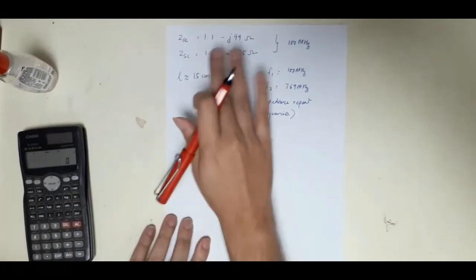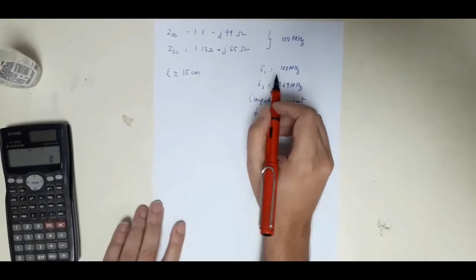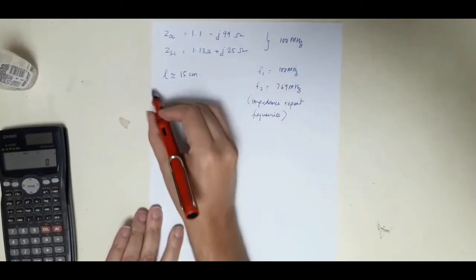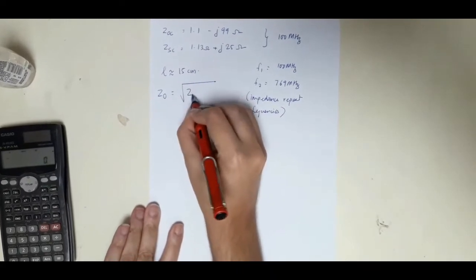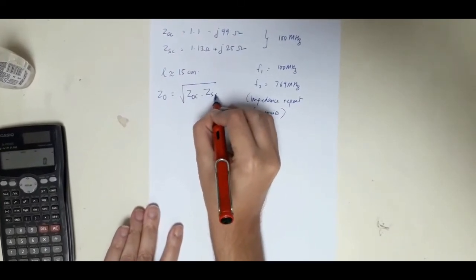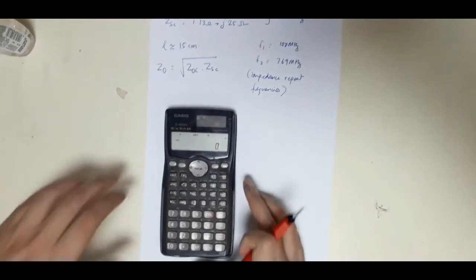So now that we have got the values, let us take these measured values and try to calculate what is the Z0. So Z0, as you know, is the geometric mean of the ZOC times the ZSC. So I have my calculator here with me. So let us punch in those values.